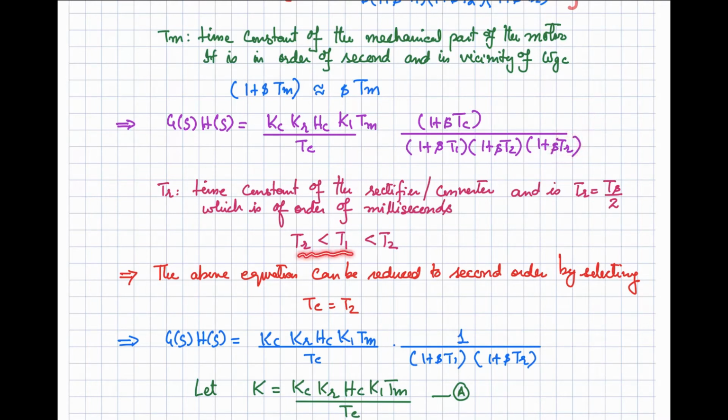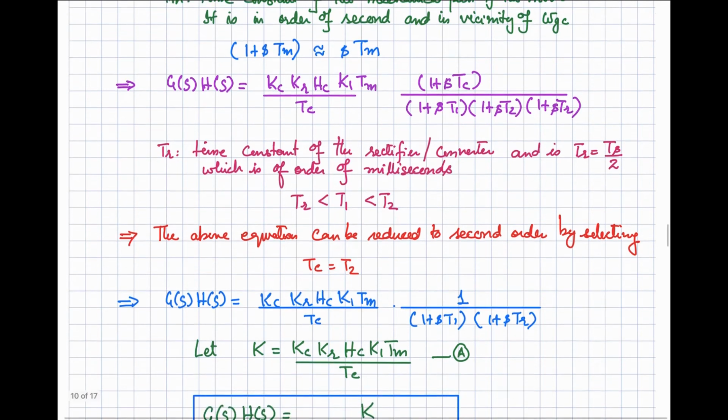So we have this equation, and now if we assume that we are going to adjust the time constant of your controller, or the zero of your controller, such that Tc is equal to T2, then this zero and this pole will be cancelled out and you will be left with only a second order transfer function.